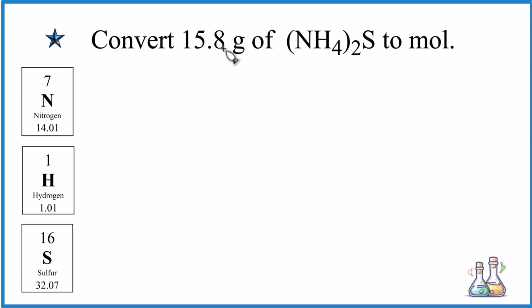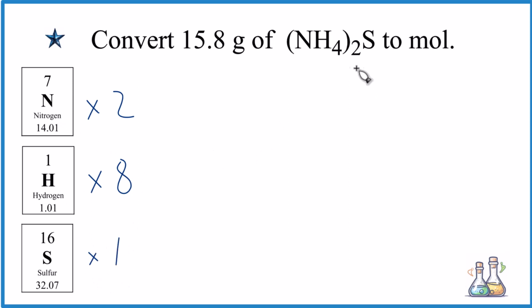So again, we're going from grams to moles. We know when we go from moles to grams, we multiply. So here we're going to divide by the molar mass. Let's find the molar mass for ammonium sulfide. We have 2, goes to everything in the parentheses, 2 nitrogens, 2 times 4, that's 8, and then just the 1 sulfur.